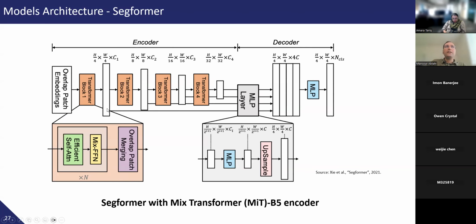All of the information from these blocks is transferred to the multi-layer perceptron, which processes all of them, upsamples, and concatenates all of them together and gives them to a multi-layer perceptron to give us the original size.